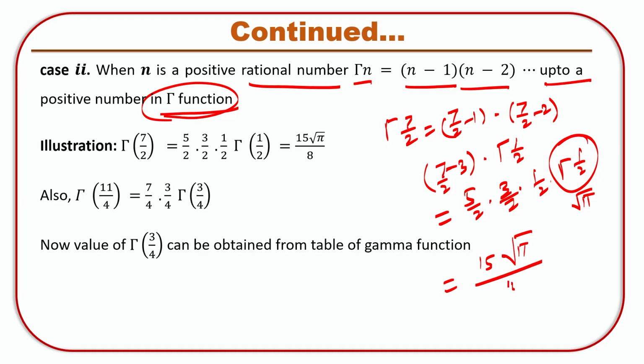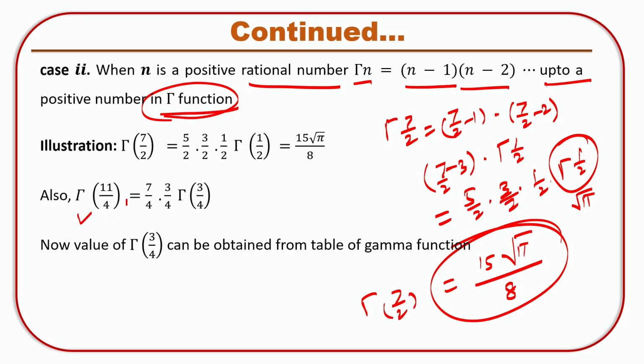So, gamma of 7 by 2 is nothing but 15 by 8 root pi. Similarly, you can evaluate gamma of 11 by 4 as 7 by 4 into 3 by 4 into gamma of 3 by 4, because the answer for gamma of 3 by 4 can be obtained from the table of the gamma function, and that will be your answer.